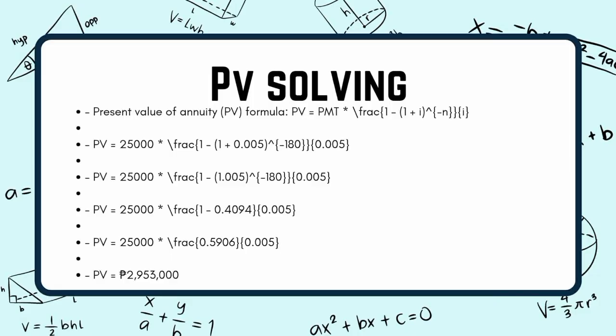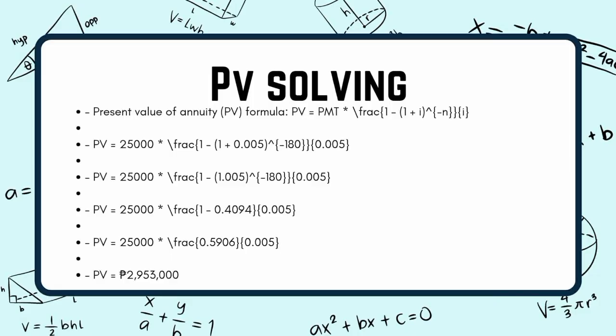25,000 pesos times 0.5906 over 0.005. So, what we do here is divide everything to get the correct answer for her retirement period.